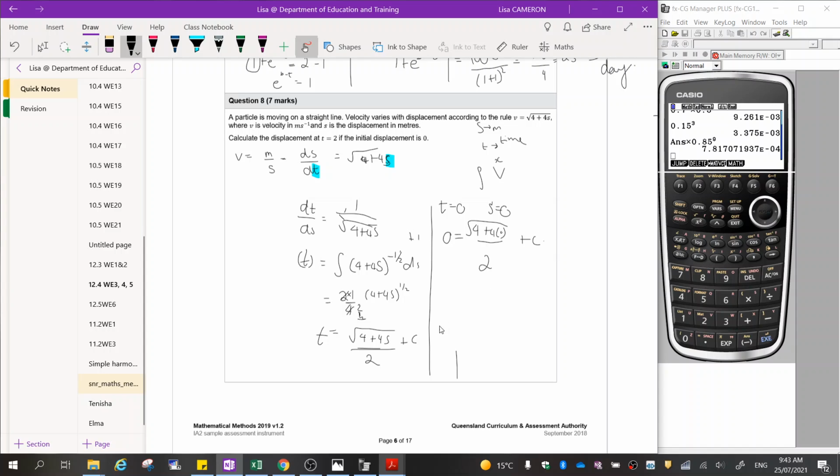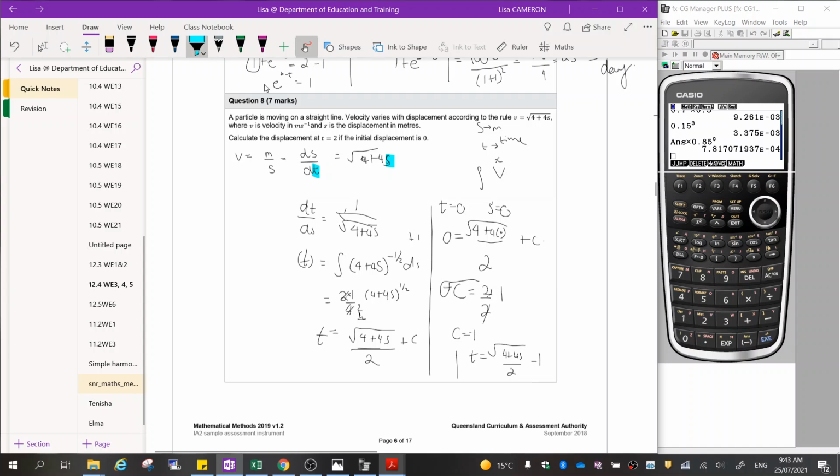So I'm going to take c to the other side. 4 times 0 just makes that 4. Square root of 4 is 2. 2 divided by 2 is going to be 1. And then I take this negative back over and I'm left with c is equal to negative 1. So my actual function looks like this. Time is equal to the square root of 4 plus 4s, over 2, minus 1.